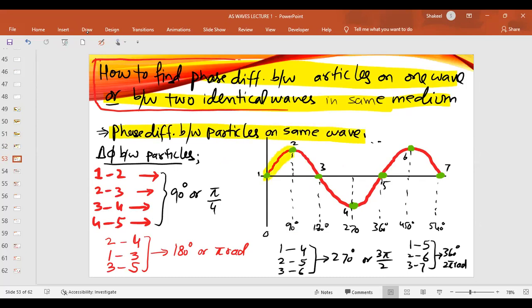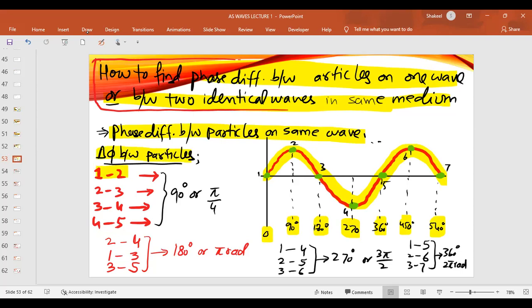So this is one wave, and there are many particles on it, like 0, 1, 2, 3, 4, 5, 6, 7. And below it, all the angles are given. Particle 1 is 0, particle 2 is 90 degree, then 180 degree, 270, 360, 450, 540. Now you have to find the phase difference between particles 1 and 2.